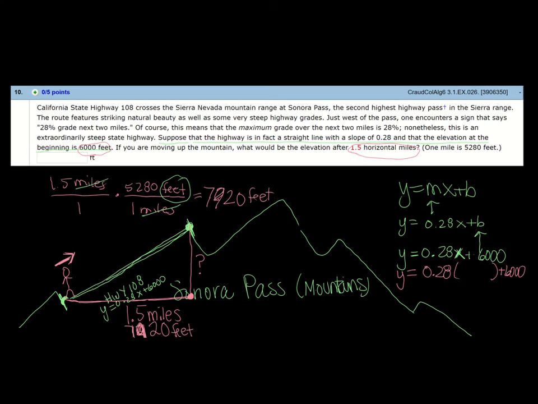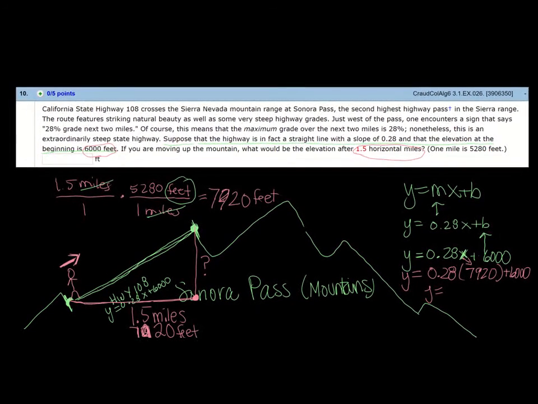Now that number is my x value in feet, so I just have to substitute that into my equation for y. So y is equal to, and you can follow along with your calculator, 0.28 times 7,920 plus 6,000 is 8,217.6 feet.